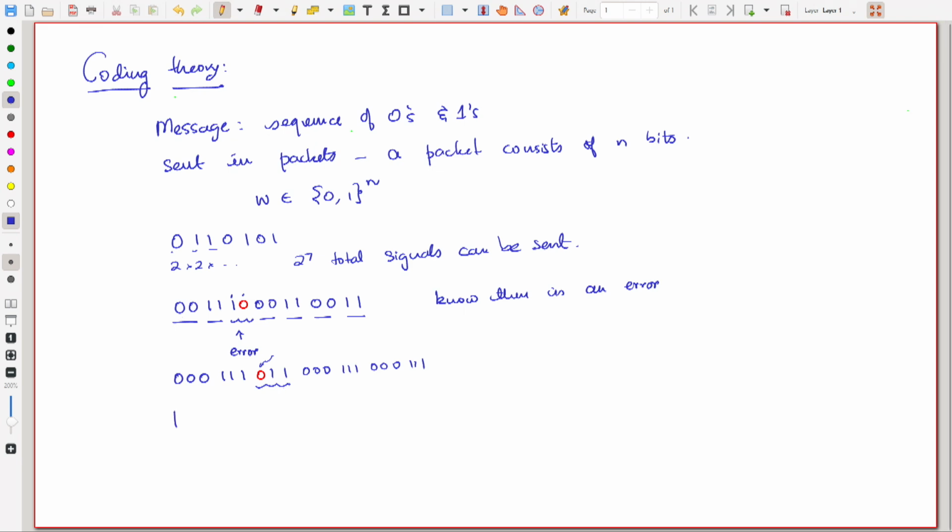So, to correct one error, so to detect one error you just need to send things twice, but to correct one error this protocol requires 3n bits to send a message of size n.